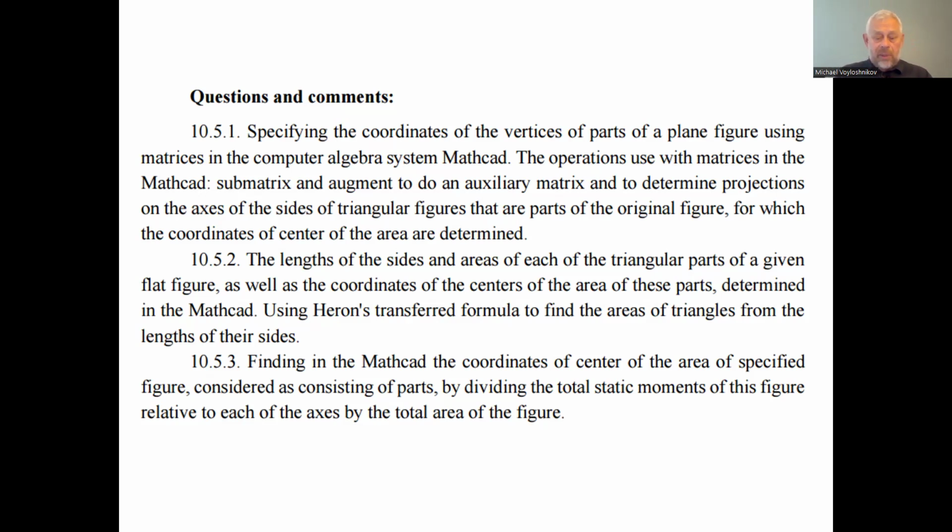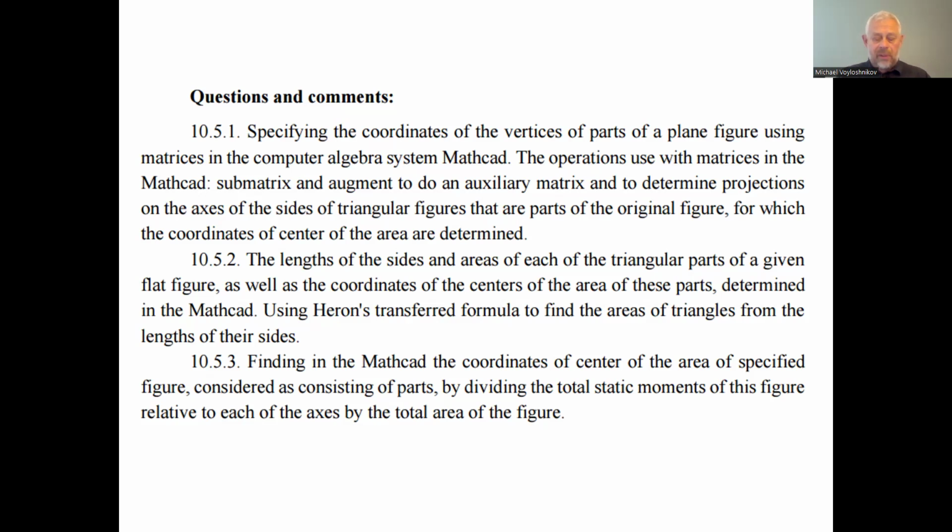And after that, we can find the projection on the axis by the difference of the matrix of the coordinates, abscissas and ordinates of triangular vertices, and the auxiliary matrix we got by the relocation of the columns. And next we can use this to find the length of each side of each triangular figure.